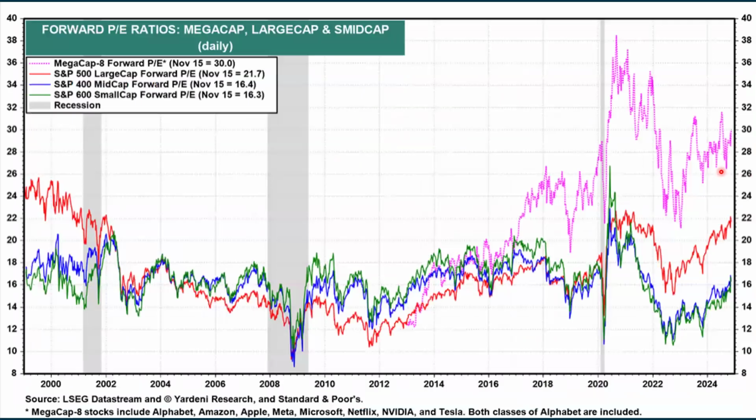Then we look at forward PE ratios, and this is what the market keys off of here. There are a number of different things on this chart put out by Edward Yardeni. The purple area here, pink, whatever color you want to call it, these are the Mega Cap 8. Sometimes they're the Magnificent 7, the Illustrious 11, whatever you want to call them. And they're coming in at 30 right now. They're well above the 10, 15, 20 scale that we usually use.